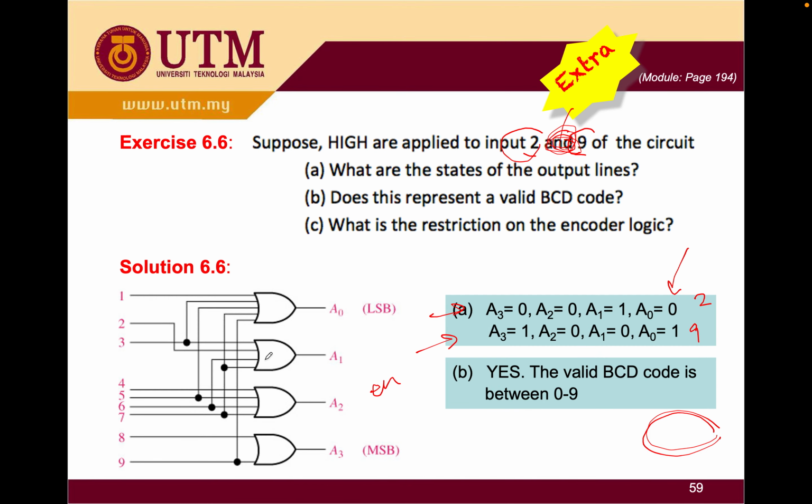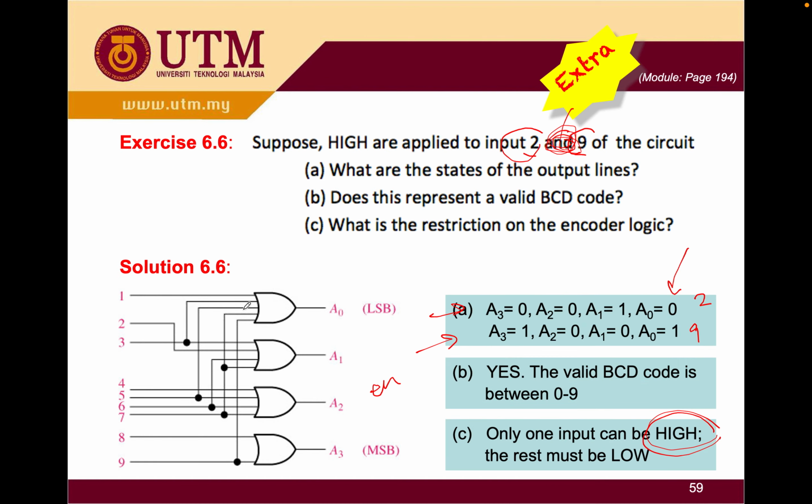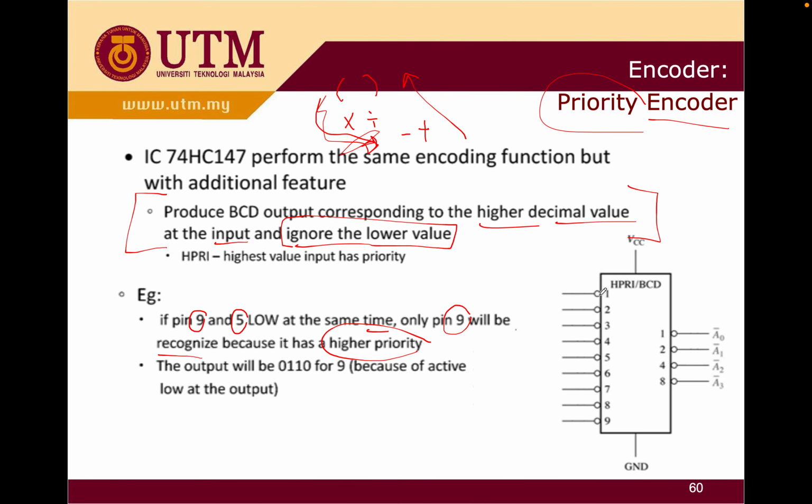This one is low because, let me show you, this has no bubble, so you can see it is active high. Now you can see here a bubble there. That's why in this example of your priority encoder, it is mentioned about low.